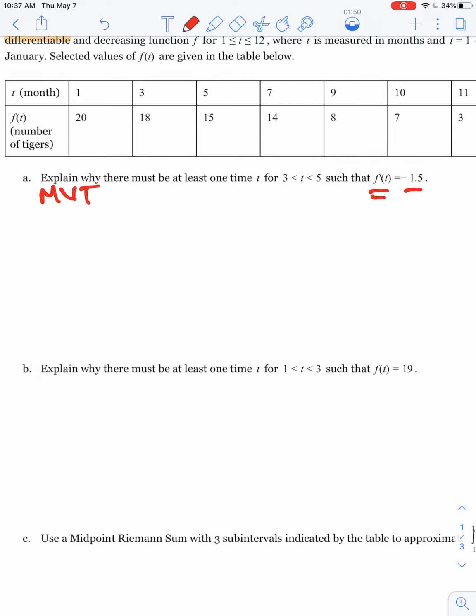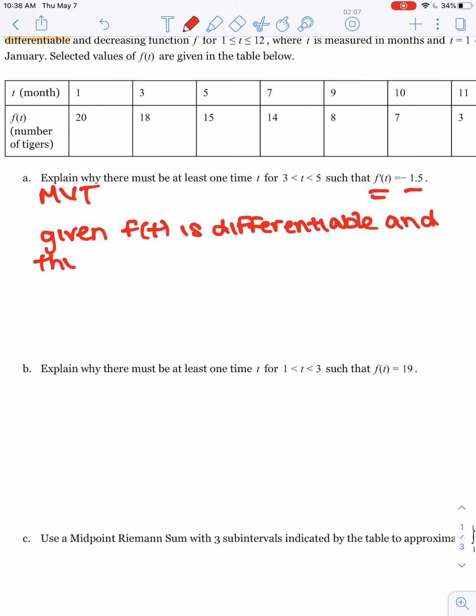So an appropriate response would be: given f of t is differentiable, and thus continuous, we know that differentiability implies continuity. We need both of those pieces in order to apply the mean value theorem.